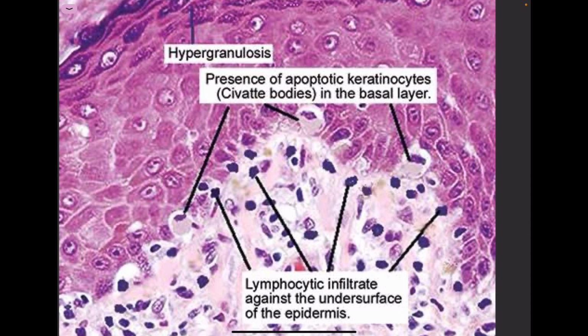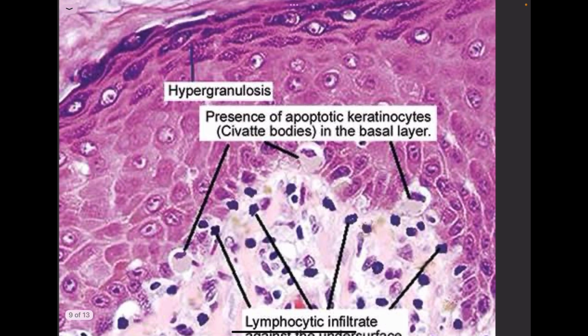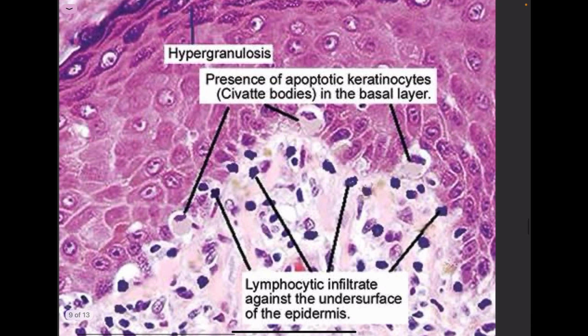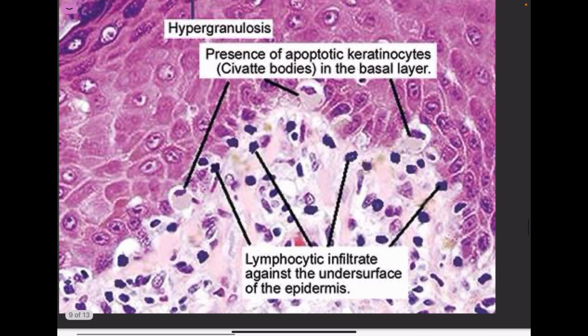Now this is the case of lichenoid reaction. This is not lichen planus, this is your lichenoid reaction, and as you can guess, lymphocytic infiltration occurs in chronic type of disorders, as lymphocyte itself is a marker of a chronic disease. So in cases of lichenoid reaction you can appreciate such a picture. There is hypergranulosis present with civet bodies along with lymphocytic infiltration.